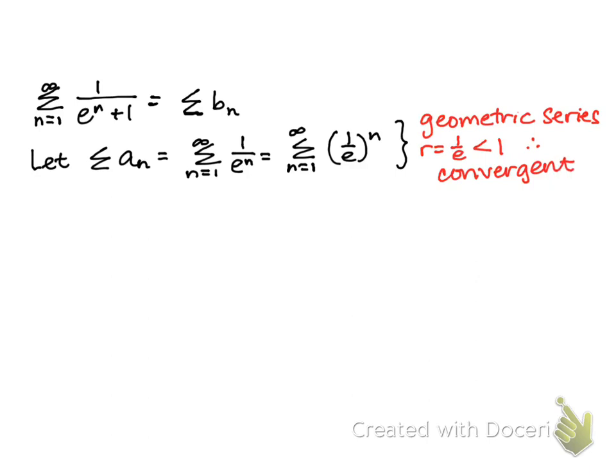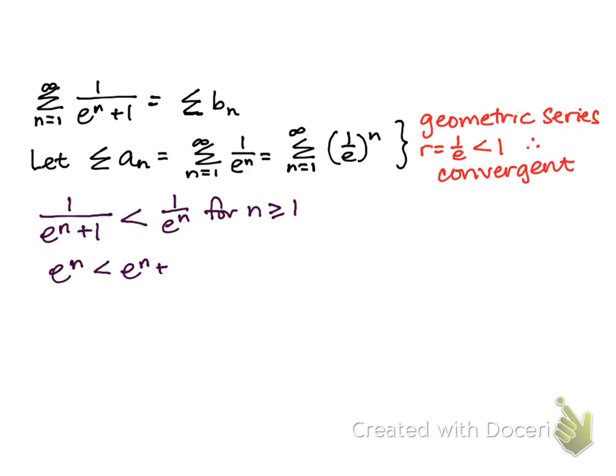And then I'm going to say 1 over e to the n plus 1 is less than 1 over e to the n for all n greater than or equal to 1, because e to the n is less than e to the n plus 1, or 0 is less than 1.